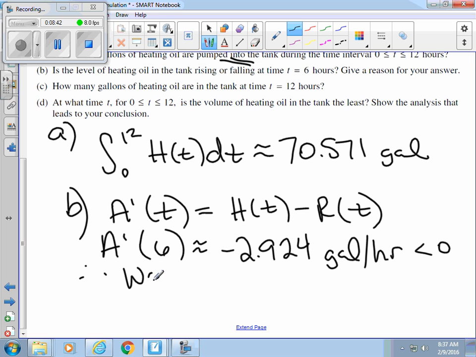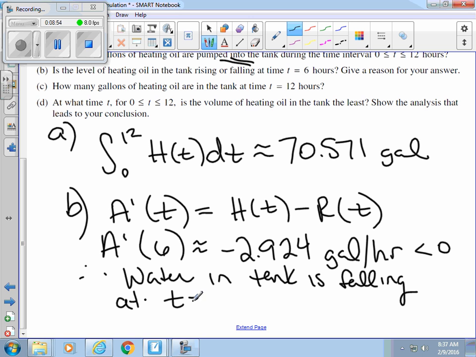Therefore, water in the tank is falling. Is that enough of a justification? Yes. Yes, ma'am.